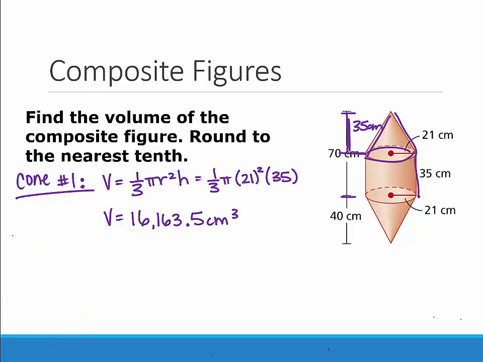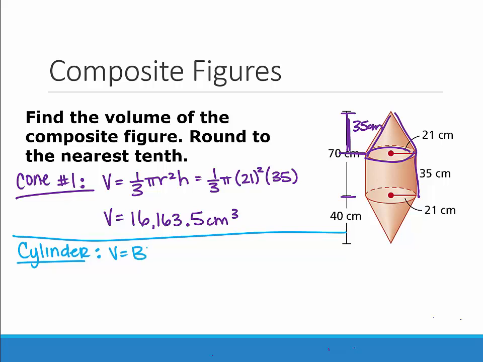Now let's find the next shape. Let's find the cylinder. Remember from yesterday that a cylinder's volume is base times height. Because the base is a circle, it's pi r squared h. So it's exactly the same thing as a cone, but we're not cutting it into thirds. So we have pi times the radius, which is exactly the same, 21.